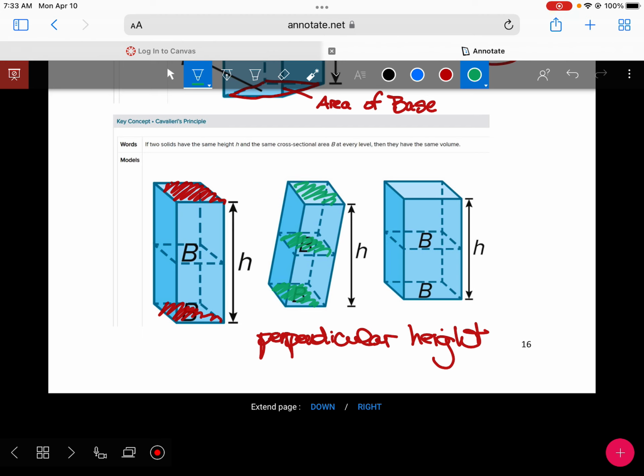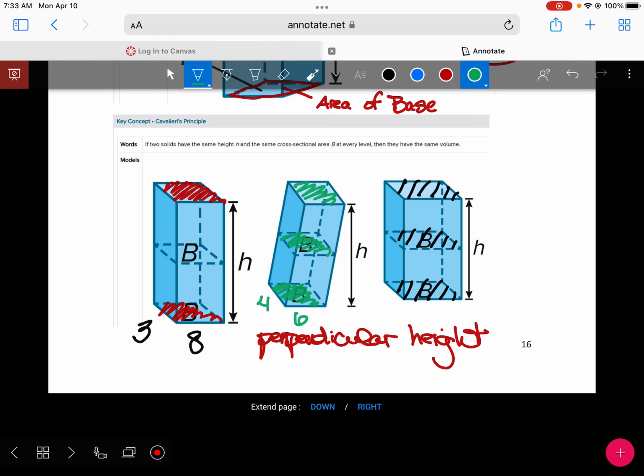All right. Two solids have the same height and the same cross-sectional area. So then down here, notice this is a different sized base. But let's say this was like 3 by 8. Okay, let's say this one was, I'm doing this off the fly, so it's not great, 4 by 6.